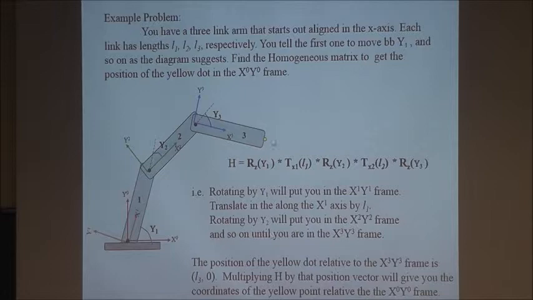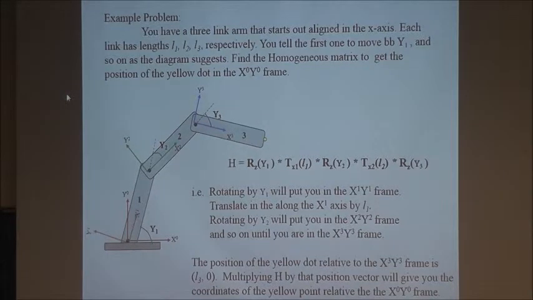The position of the yellow dot here relative to the x3, y3 frame is L3 and 0, because that point has no component in the y coordinate. It's just going to be here, L3 being the length of this last link. So it's L3 and 0. Multiply H by that position vector and it will give you the coordinates of the yellow point relative to the original xy.